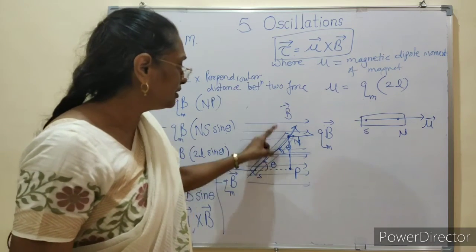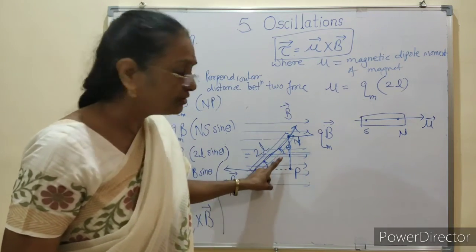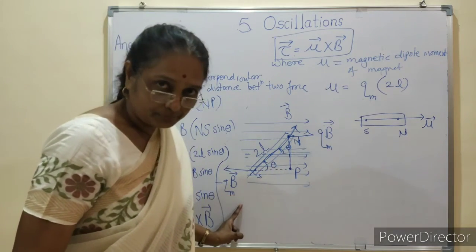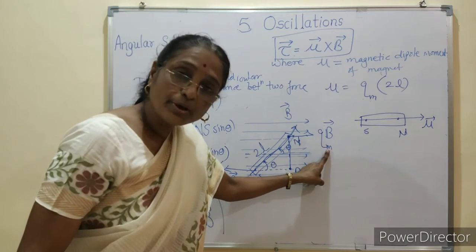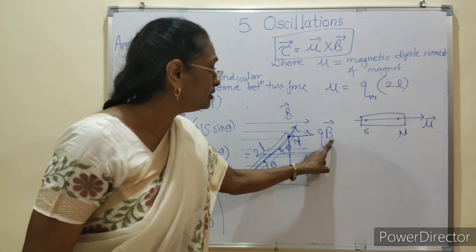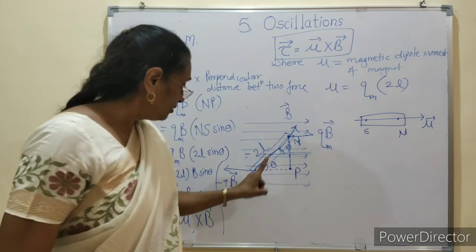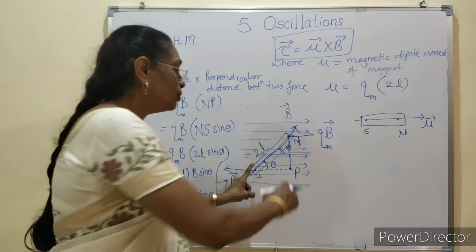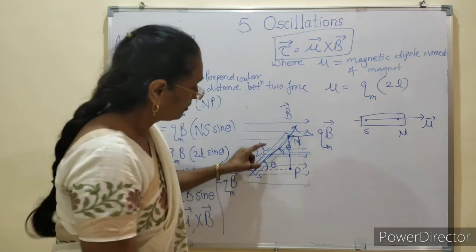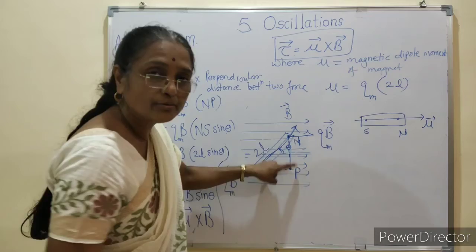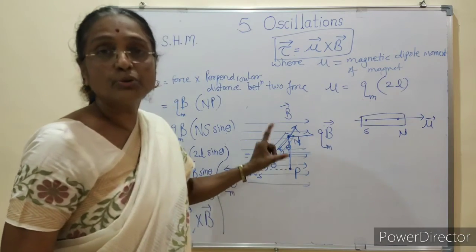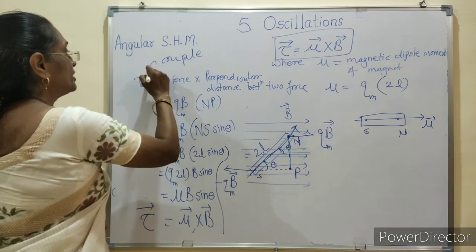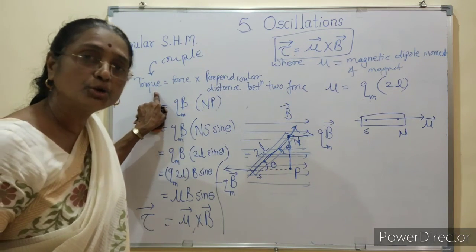So just let me revise here. In the displaced position of the bar magnet, force acts on each pole. Pole strength is Qm. QmB is the force acting on the north pole, minus QmB is the force acting on the south pole. Both are separated by perpendicular distance NP. They constitute a couple. That couple can be expressed in terms of a quantity torque.